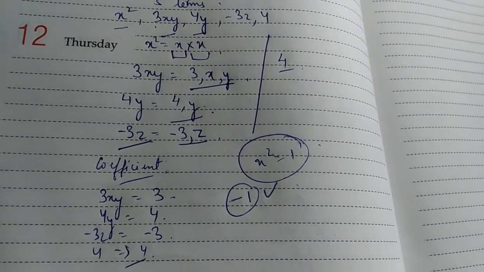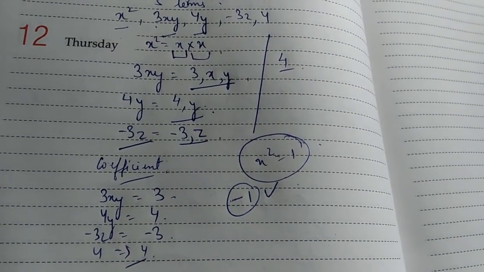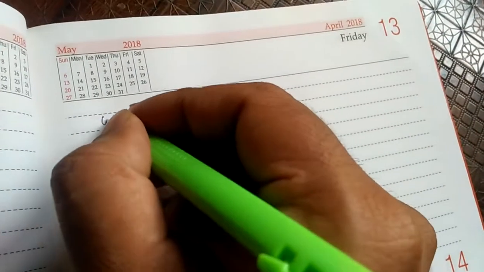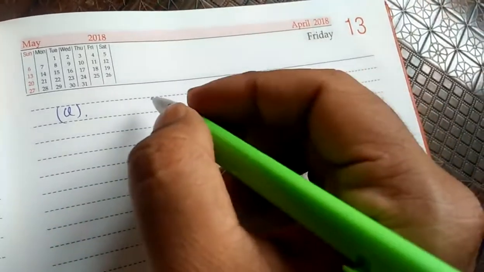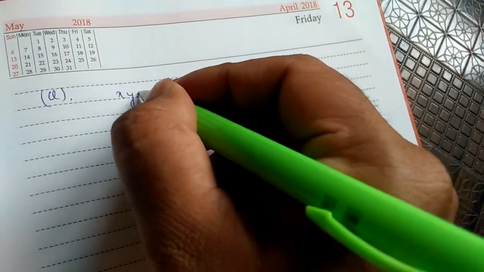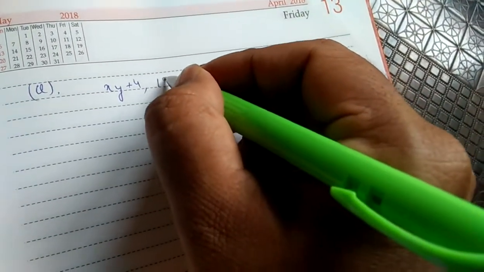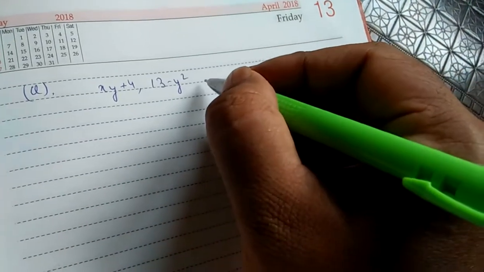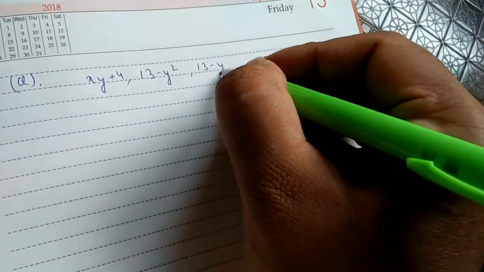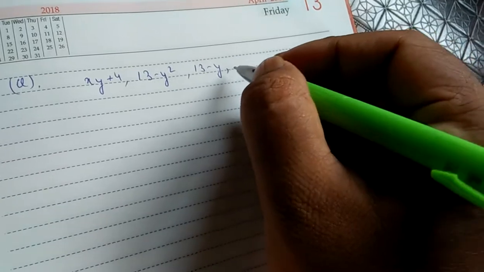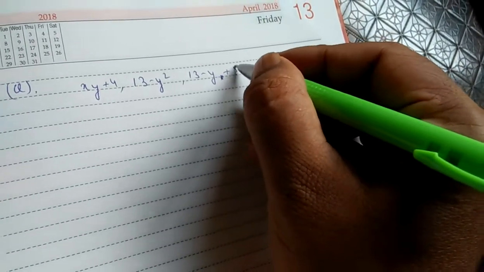So now let's move on to the next question. Let's say this is a question. xy plus 4, 13 minus y square, 13 minus y plus 5y square.